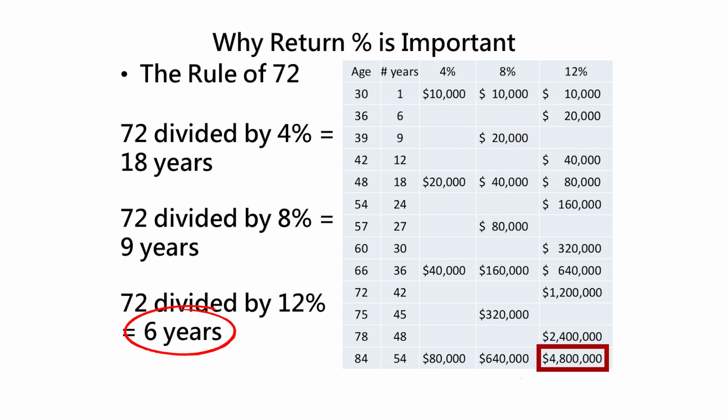At the age of 84, it will increase to $4.8 million. So if you invest $10,000 when you are 30 years old and don't touch this money, at age 84, it can potentially grow to be $4.8 million. And I'm sure you will be very glad to have invested that $10,000 54 years ago.